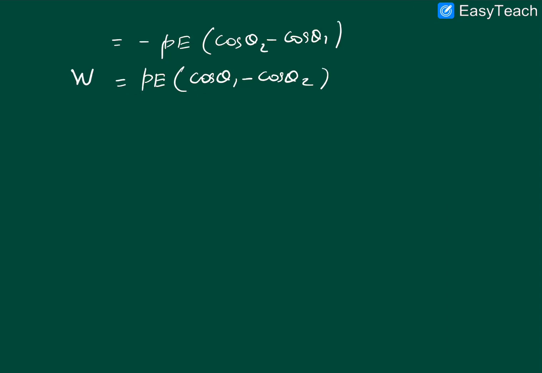Now in the case of potential energy, we need a reference point, an initial point. So we will fix the reference angle as pi by 2. Theta 1 is pi by 2 and theta 2 is theta.